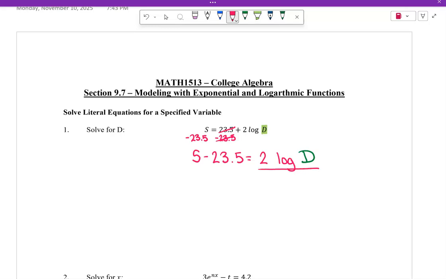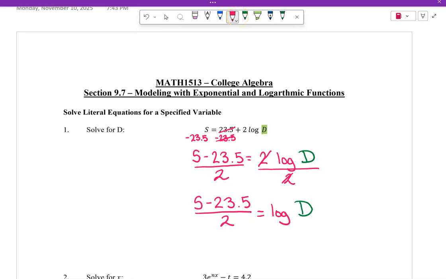Hopefully you said multiplication, and we undo that by dividing. So we're going to have S minus 23.5 divided by 2 equals log of D.